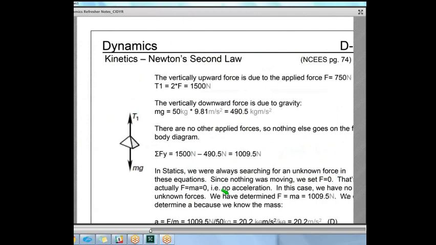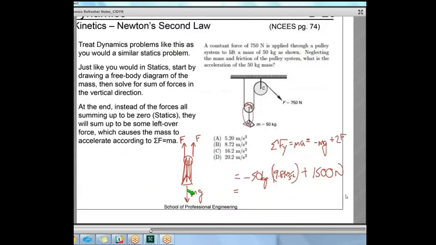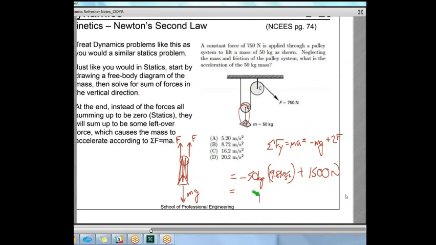I'm going to cheat and look at the next page. 1,009.5 kilogram meters per second squared, otherwise known as newtons. So that's our total force. That's ma. We can divide by the m to get the a. We're dividing by 50 kilograms, and we get an a of about 20. Thank you, Cheryl. Appreciate it. So the answer ends up being D.